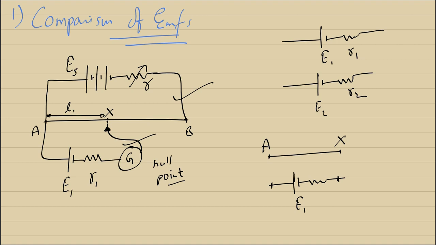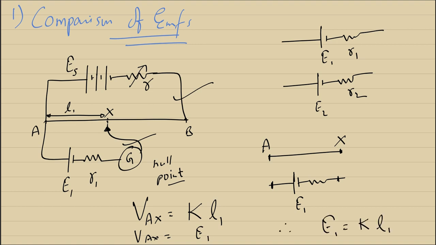So we can clearly see the potential difference across AX should be equal to E1 in this case. But previously we have already found, using the concept of potential gradient, that VAX is equal to K times L1. And here VAX is also nothing but E1. Therefore E1 is equal to K times L1, which makes our equation 1.